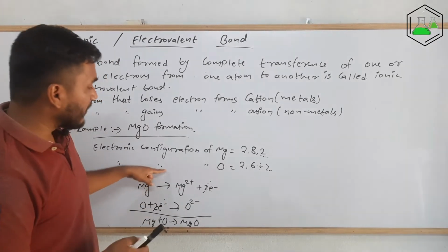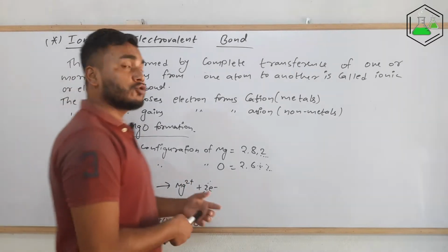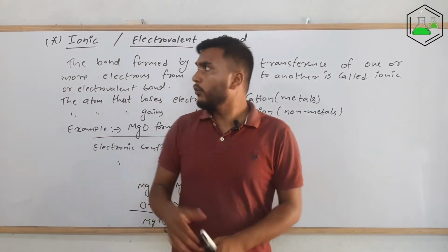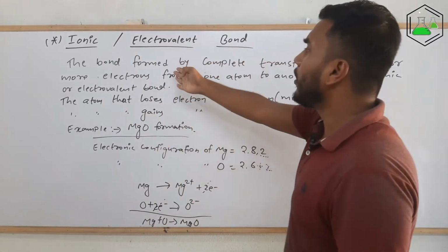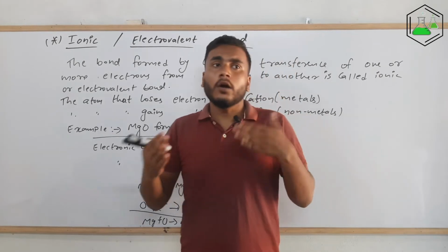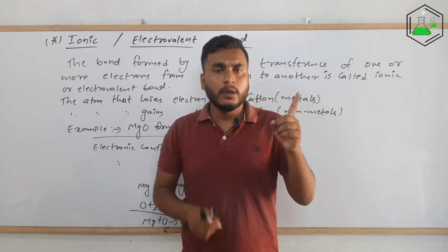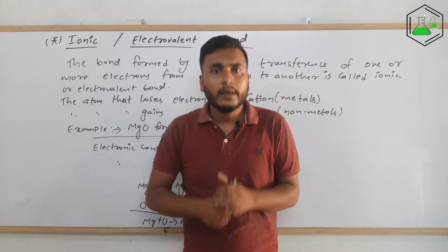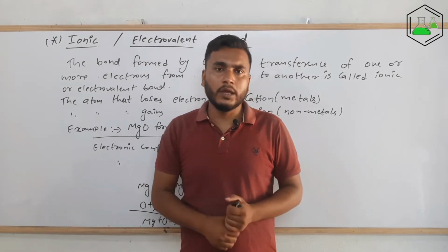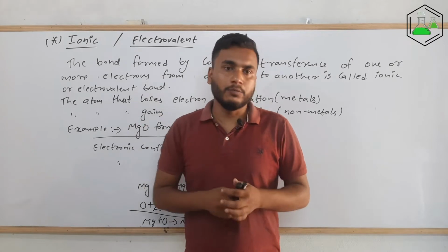Magnesium is transferring its 2 electrons to the oxygen, and that's how the bond formed. So we can say that the bond formed by complete transference of one or more electrons from one atom to another atom is called ionic or electrovalent bond. This is a very strong bond, the strongest bond, you can say.